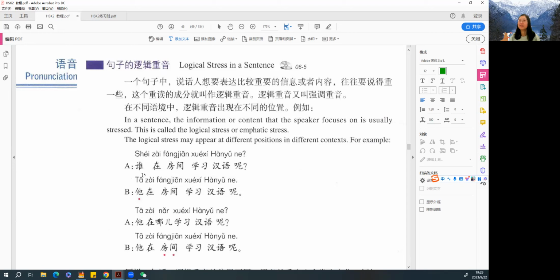So we do it slowly, all right? 谁在房间学习汉语呢？他在房间学习汉语呢。There's a very tiny, small difference between asking feeling and answering feeling.